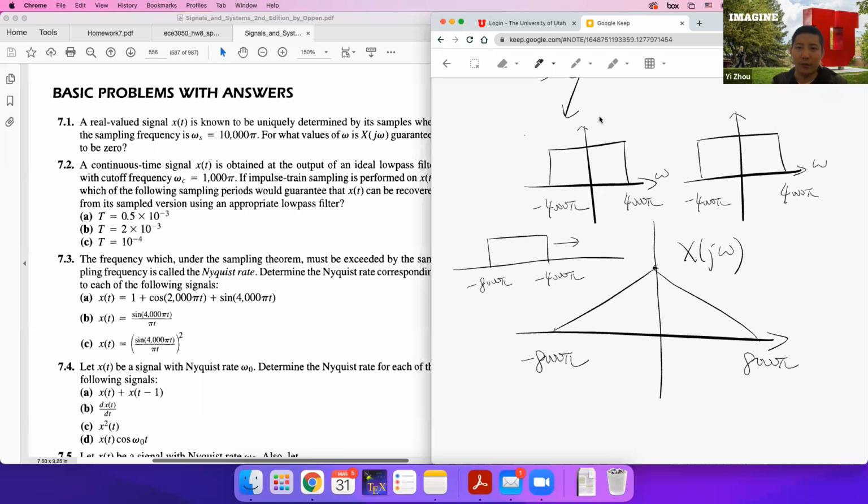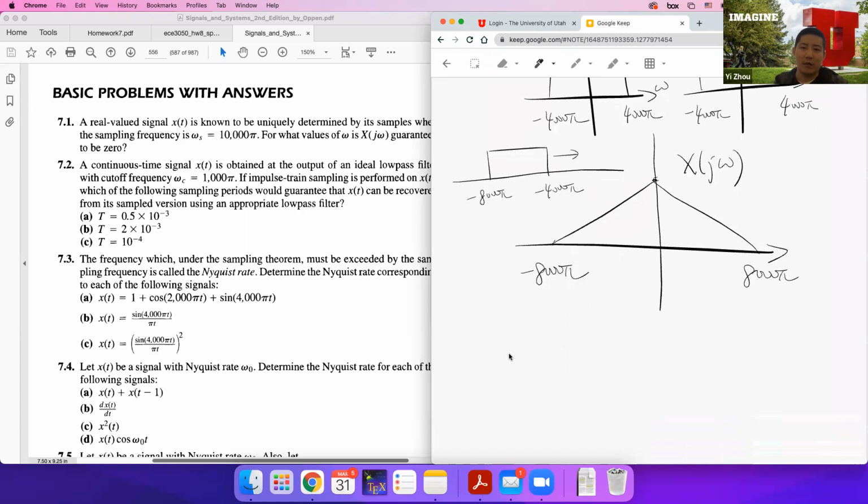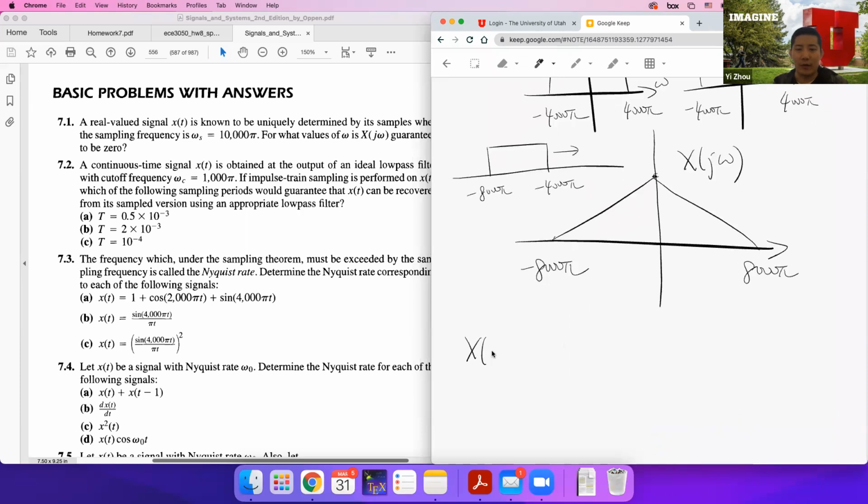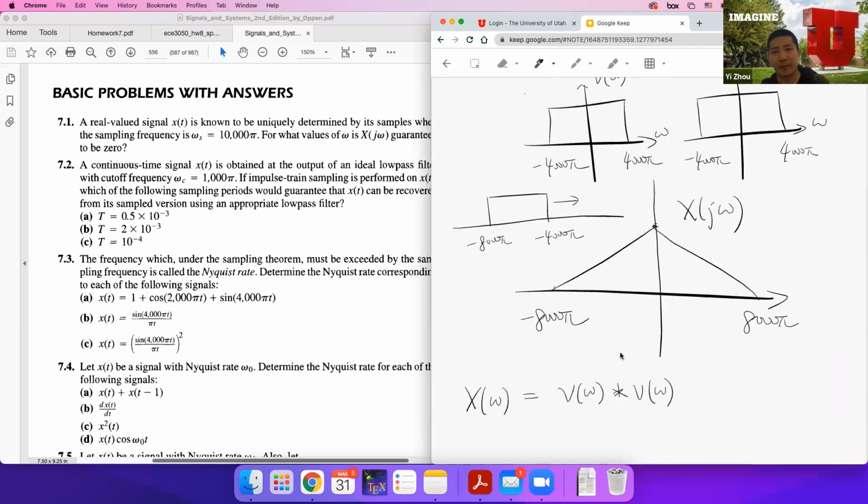So let me call this V of omega. X of j omega, I'll just write omega instead of j omega, is the convolution between V of omega and itself.